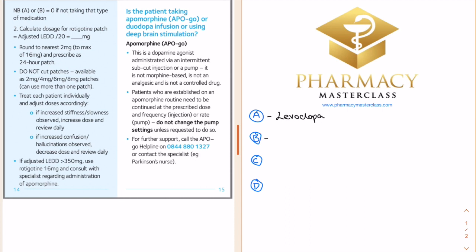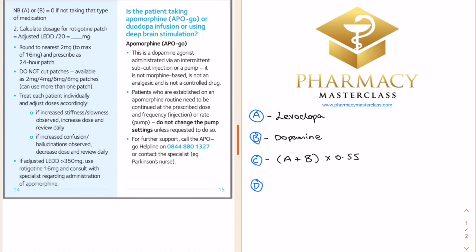Stage B involves calculating the total daily dose of the dopamine agonist that the patient's going to be taking. Stage C will involve me adding what I calculated in A to B and then multiplying that by 0.55.